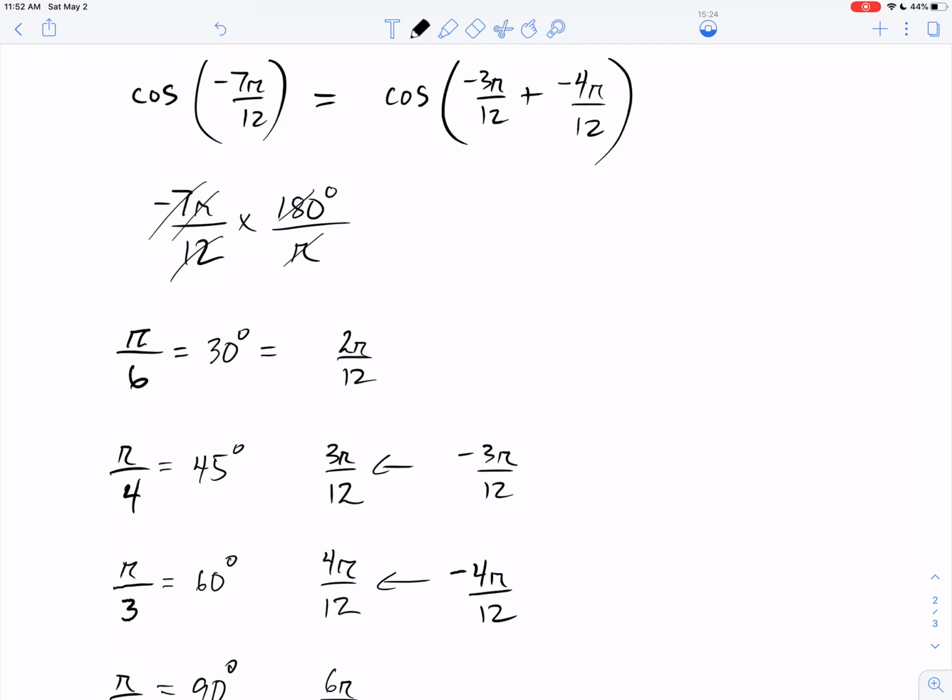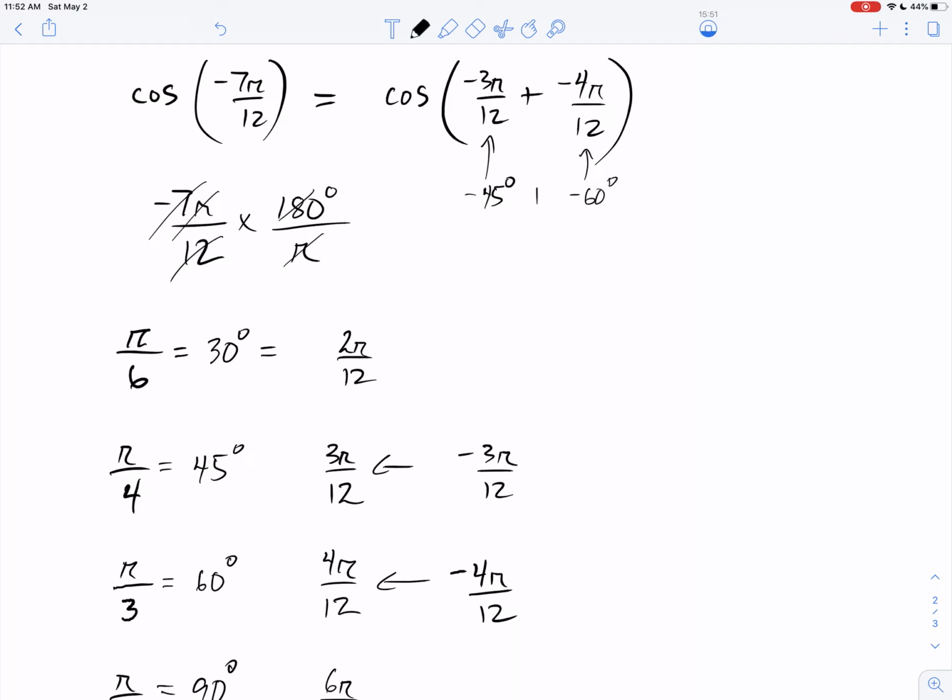But if I were to do that, what am I really looking at here? This is the same thing as a negative pi fourths angle, or my brain thinks in degrees more than radians. It's the same as a negative 45 degree angle. Hey, negative 4 pi twelfths, that's the same as a negative pi thirds angle, but my brain really does think in terms of degrees more so.